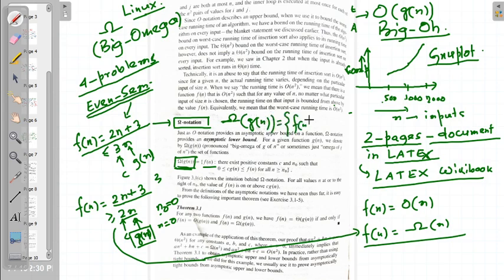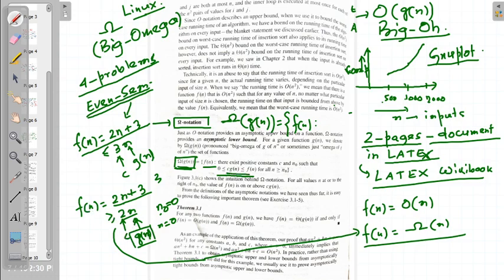So omega of g(n) will be equal to a set of functions f(n) such that this condition is satisfied: 0 less than or equal to c g(n) less than or equal to f(n). Here we have seen that f(n) is greater than or equal to c g(n), that means c g(n) is less than or equal to f(n).